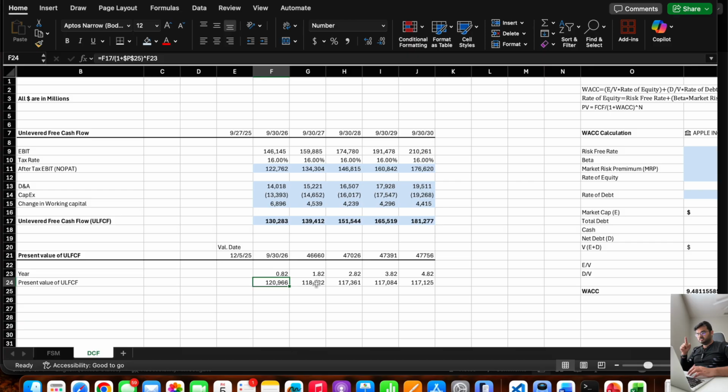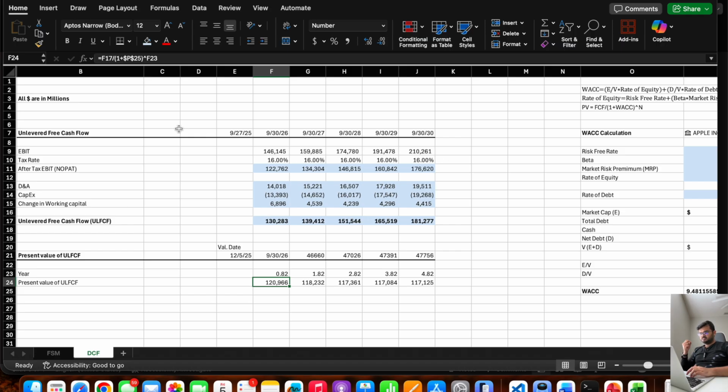Then one more thing which we need to consider is, for the years 2027 all the way till 2030, it makes sense to take the full free cash flow which the company expects to generate. But for the current year, we are already 2 months into it. So I wouldn't consider that the entire 130 billion will be generated.